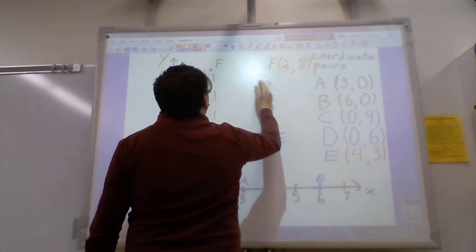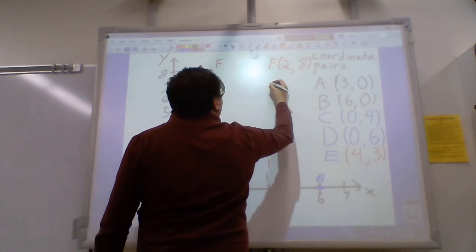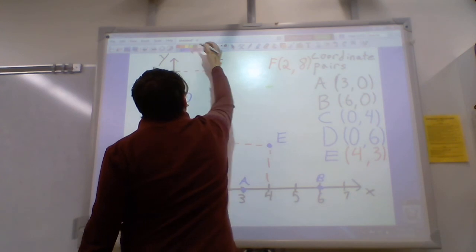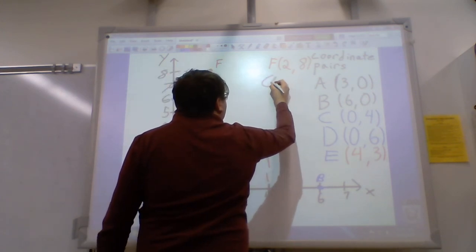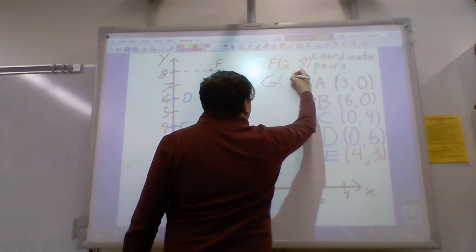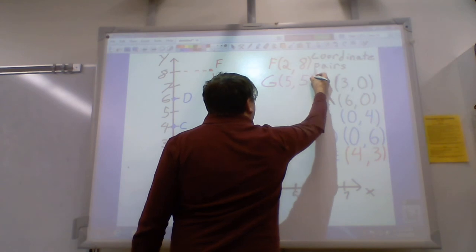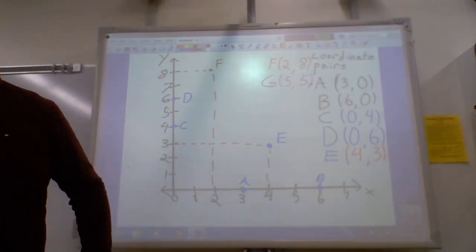Let's get a different color. Let's get this one. Point G is going to be 5, 5. So this time we're given our coordinate pair.